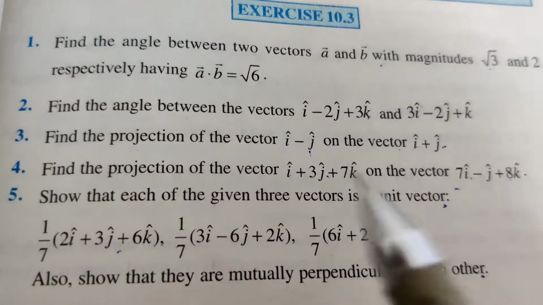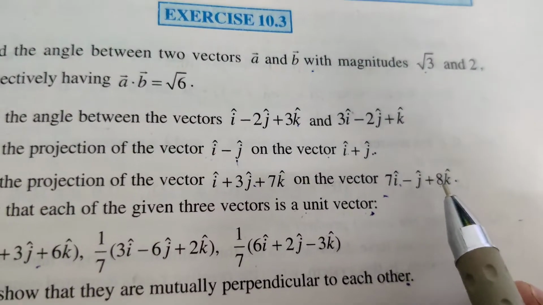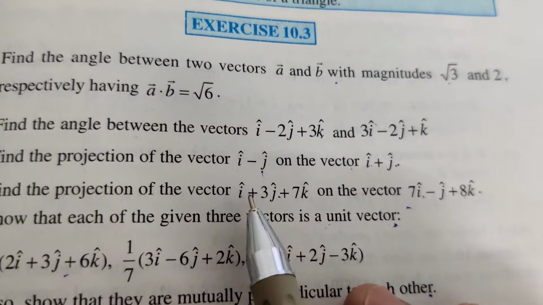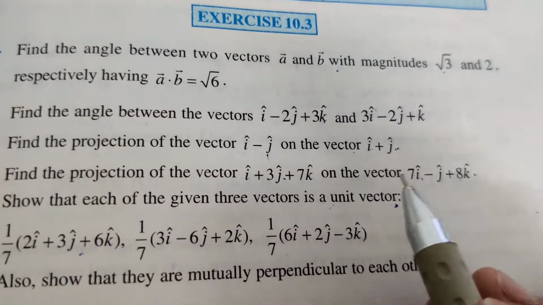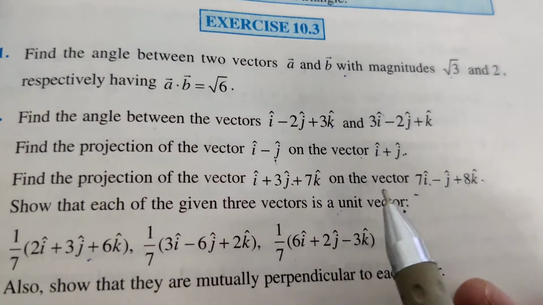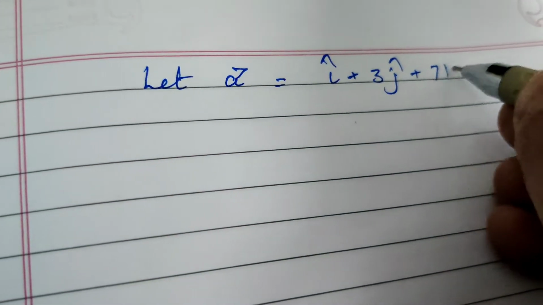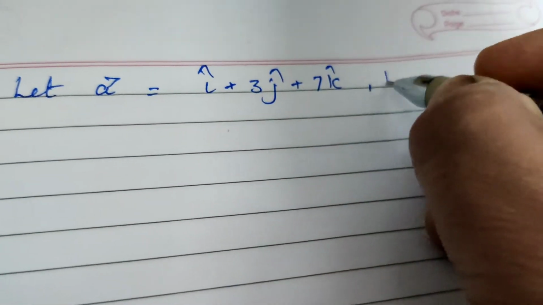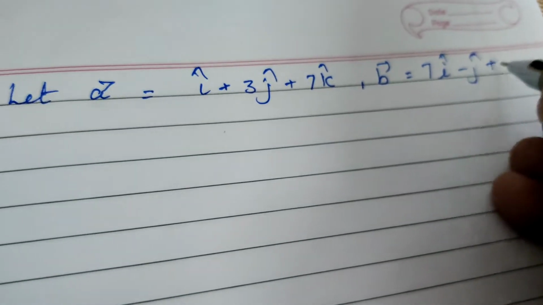Question number 4. Find the projection of vector i plus 3j plus 7k on the vector 7i minus j plus 8k. Suppose this is vector A, this is B. The projection of vector A on vector B means A dot B by magnitude of B. Let vector A equal i plus 3j plus 7k, and vector B equal 7i minus j plus 8k.